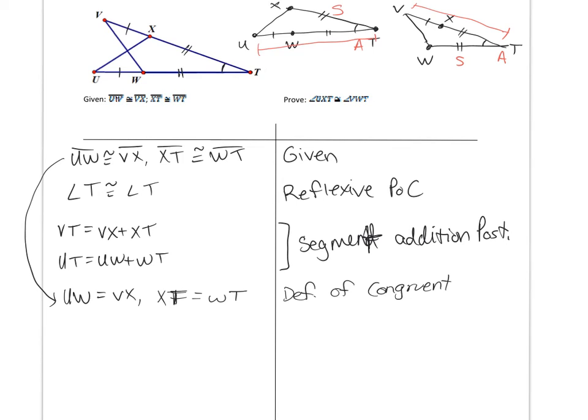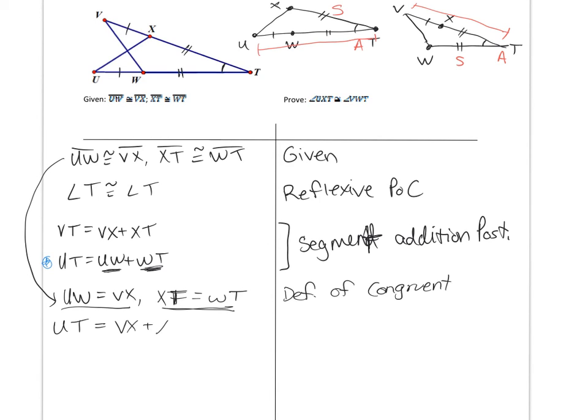Okay. Then I'm going to make some clever substitutions. And I'm just going to choose one of these two statements up here to make clever substitutions with. I think I'm going to do it right here with UT. So I'm going to look at UT. And here, rather than writing UW, I can instead write VX. So I'm going to say UT equals VX plus, and instead of writing WT, this allows me to write XT.